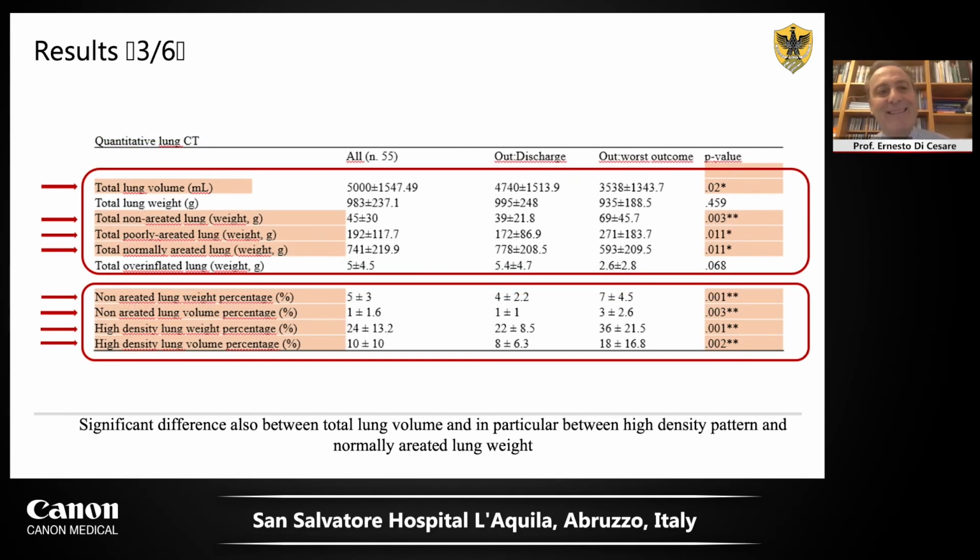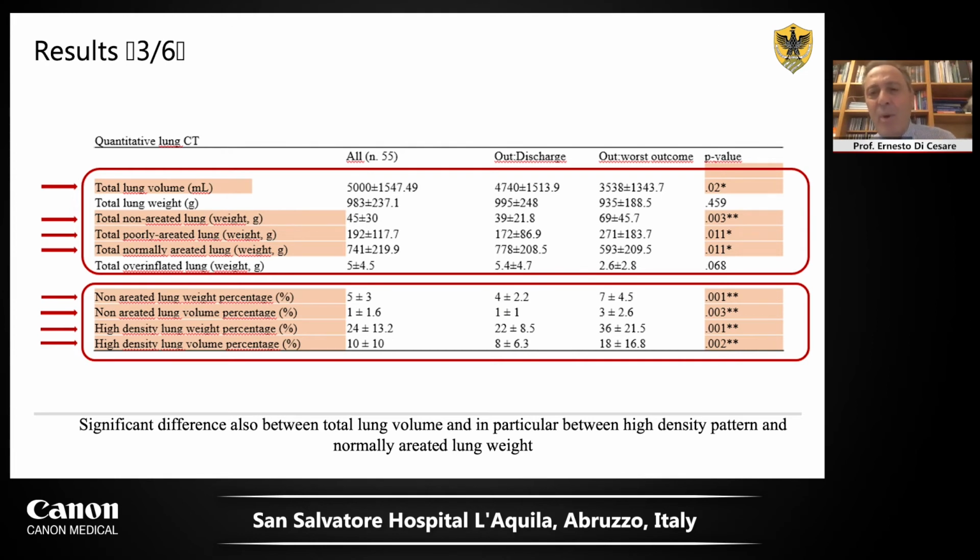Finally, we analyzed the data from CT, and you can see that differences were evident with good significant p-values for total lung volume, total non-aerated lung weight, and also total poorly aerated lung weight and total normally aerated lung weight.